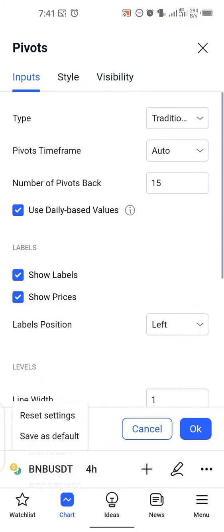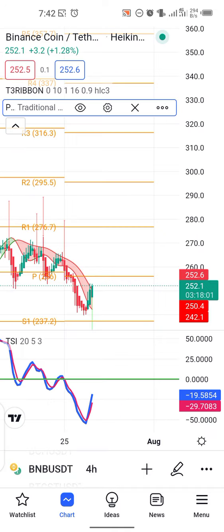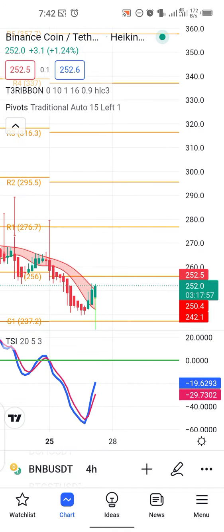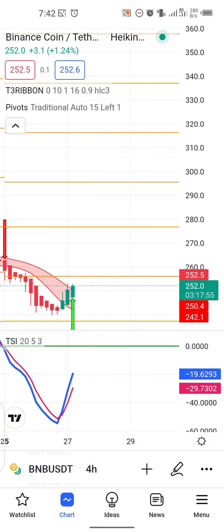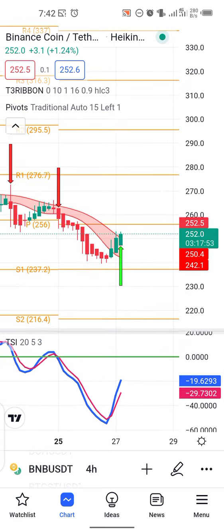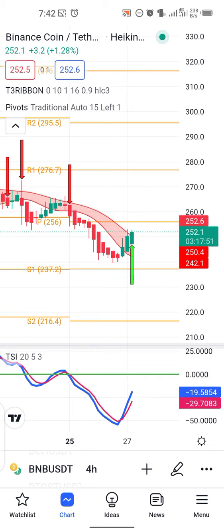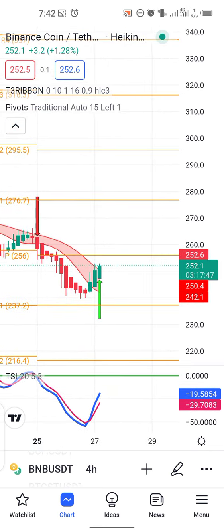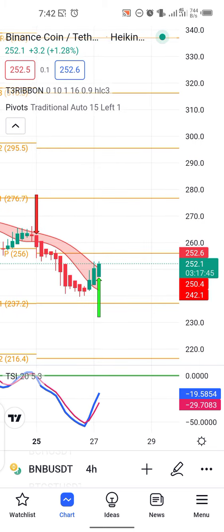Okay, so we save them up, and here we can see now if the market, like you see down here, it is the strength. It means it will be moving from this down line, now it will be moving to the upper line, which is the pivot.